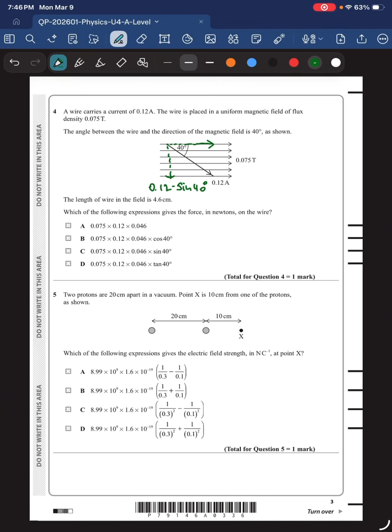Therefore, it doesn't do anything. It doesn't create a force or anything. So F is BIL times sine 40 degrees in this setup, right?